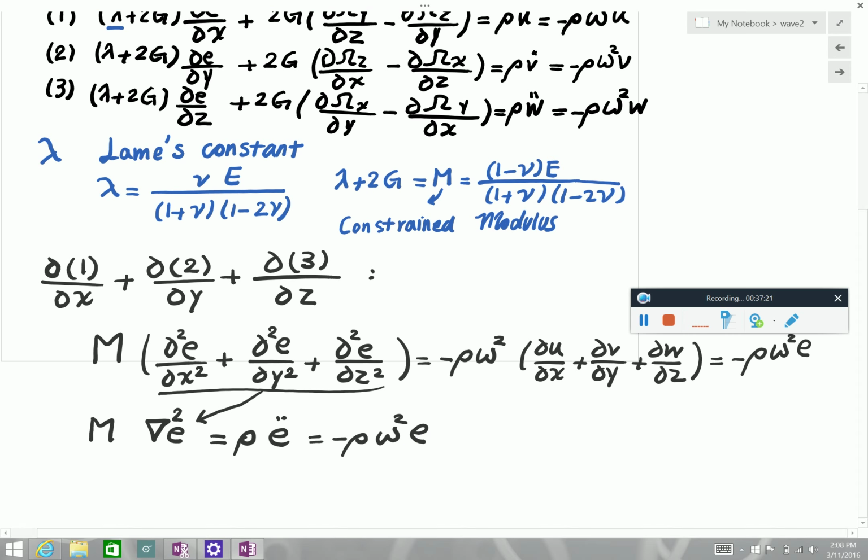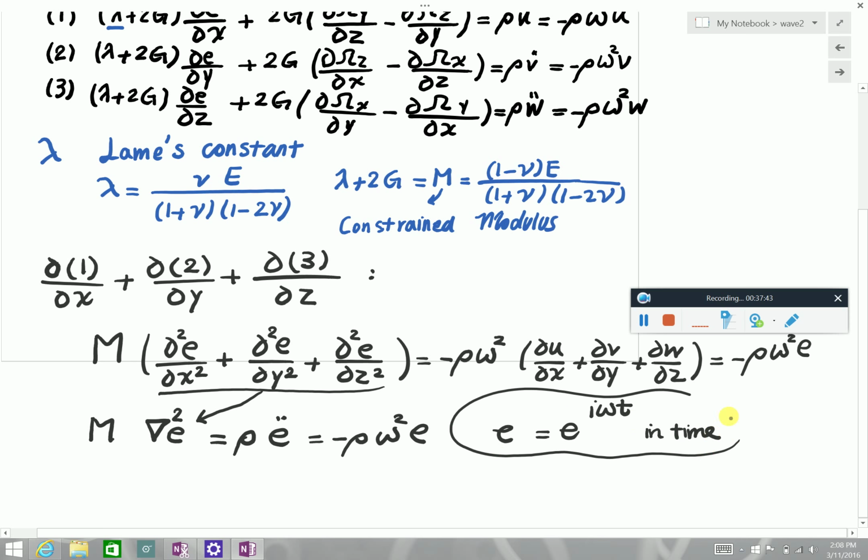So basically we are saying that E in time has a form like that, harmonic. This is very similar to 1D.